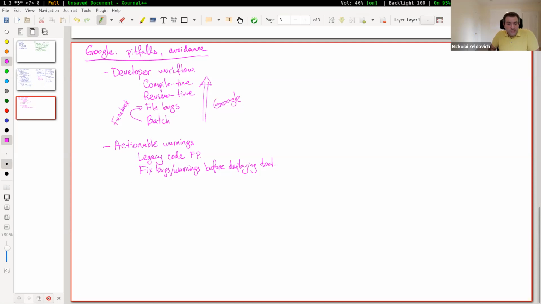For development environments like Google and Facebook, they really have a single repo that has all the code. And this makes it possible for the tool developers to precisely understand what the actual software developers are facing, what code they're writing, what bugs they're fixing, what needs to be fixed in order to deploy a tool, and what the report rate would look like if we were to enable this tool.